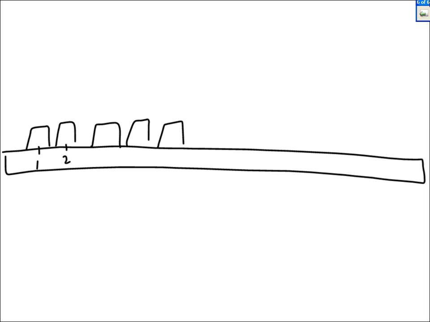That is, if this is 0 right here, they're all equally spread out, and they weigh the same. It's reasonable to put the fulcrum there.